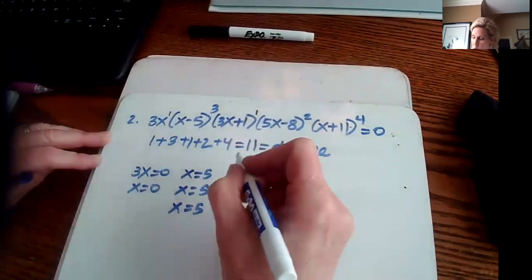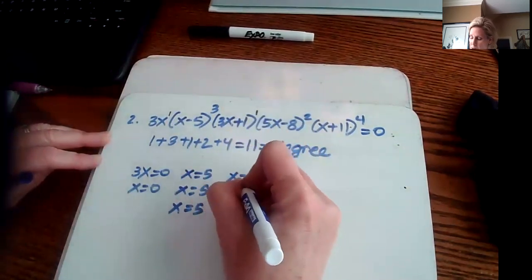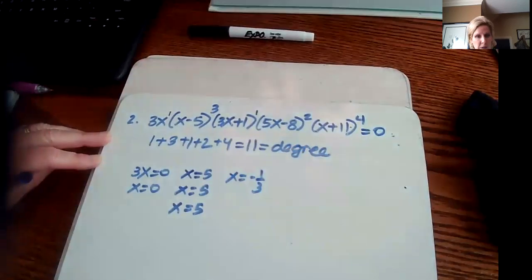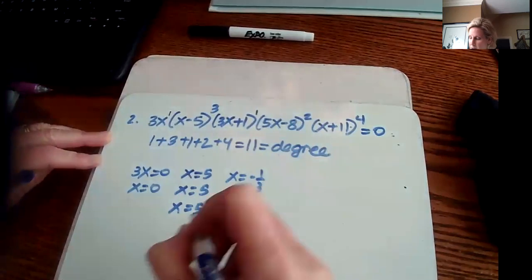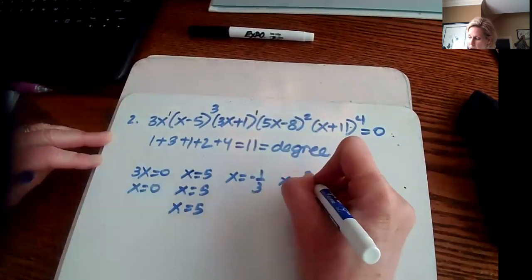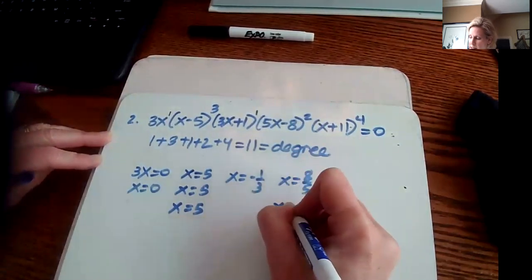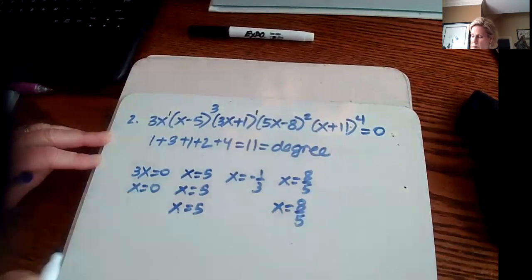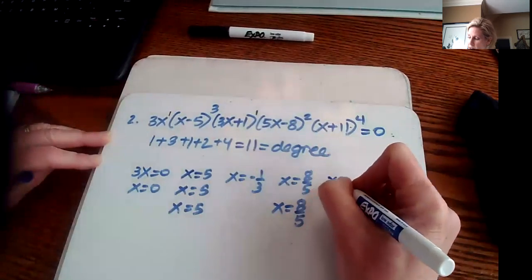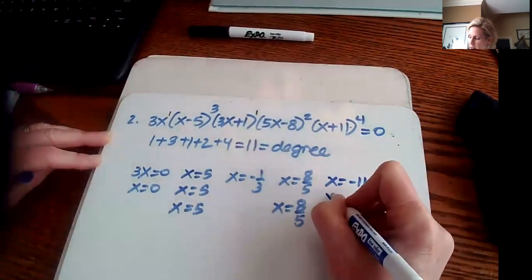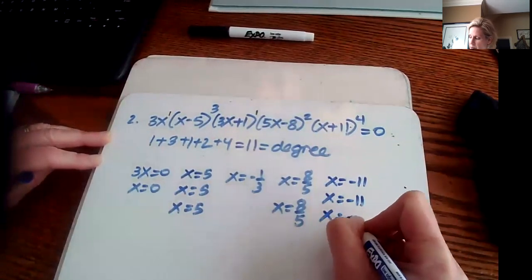For 3x plus 1, do you see that you're going to get x equals -1/3? Do you feel comfortable skipping steps there? For 5x minus 8 squared, do you see that you're going to get 8/5 twice? And for x plus 11 to the fourth, do you see you're going to get x equals -11 four times?